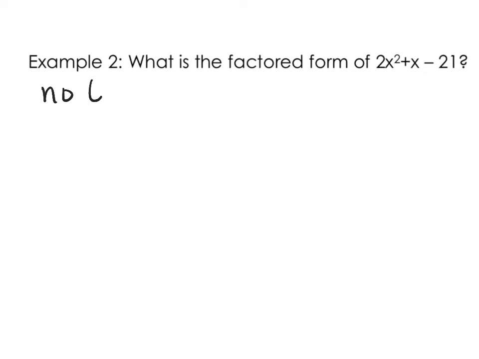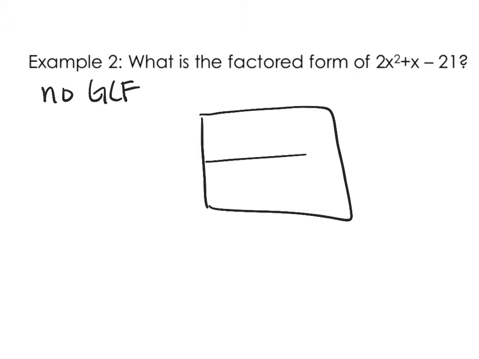So since I have no GCF, I have to go straight to my box. Now this is going to look a little different than what we've done before because this is multiplying to be a 2x squared this time. We've never had that before. And we're multiplying to be a negative 21.